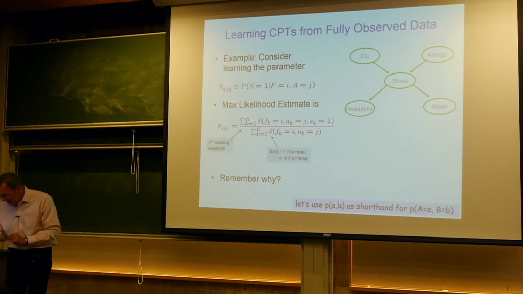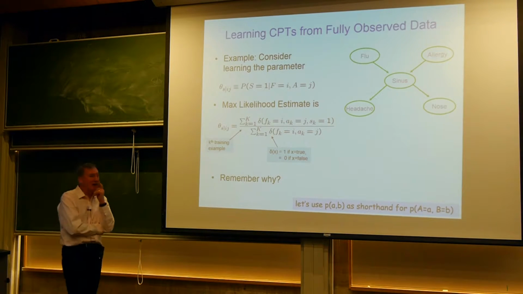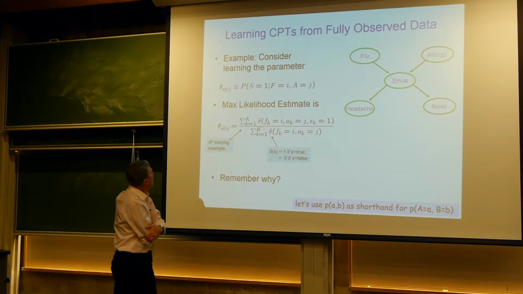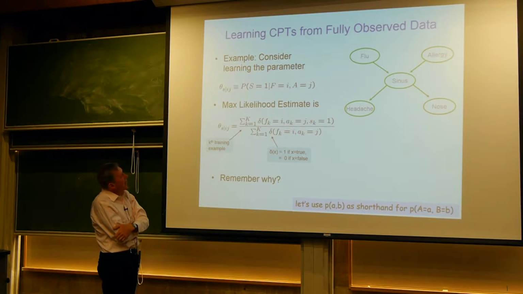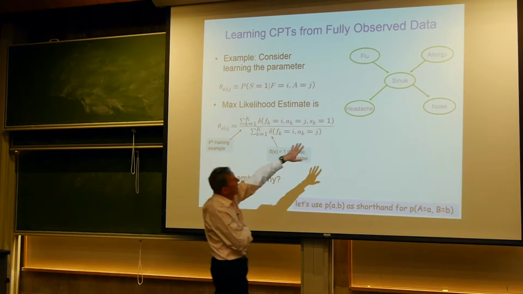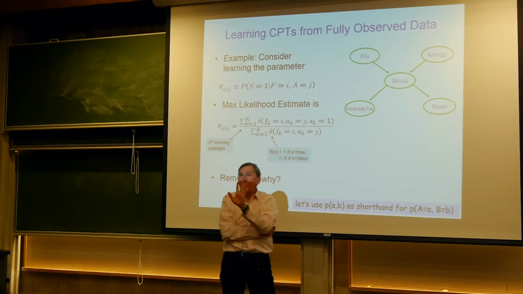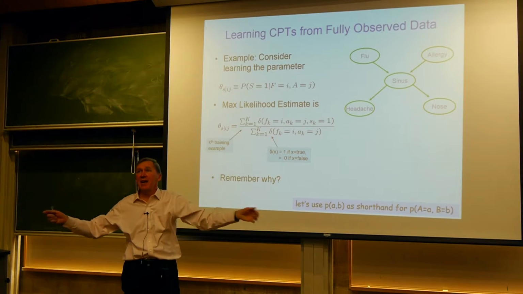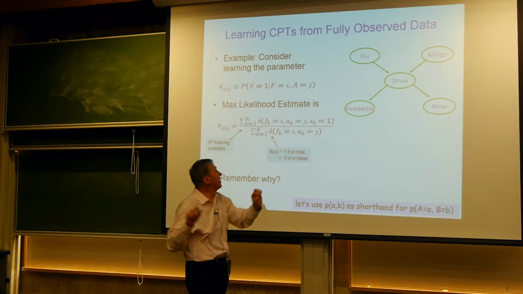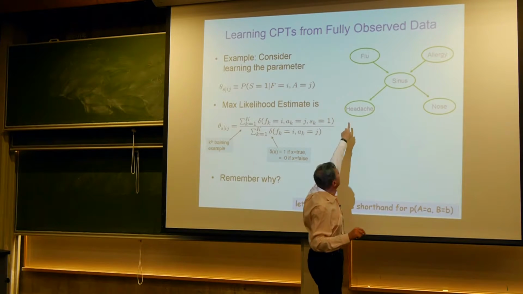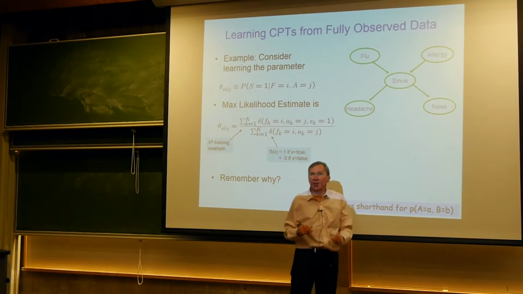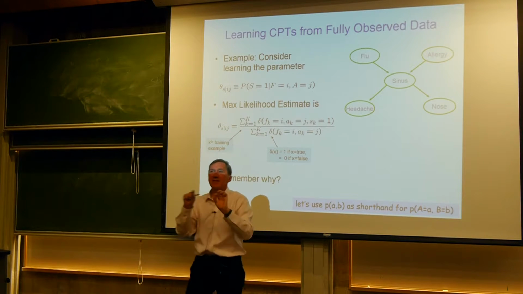Okay, so let's start with the easy case. Suppose that we're given a Bayes net graph. We're not told what the conditional probability tables are, but we are given a big table of data where every row in our table gives us the observed 5 values for a different patient.